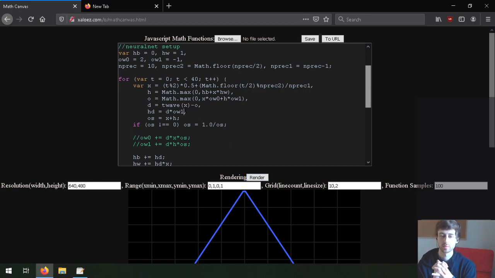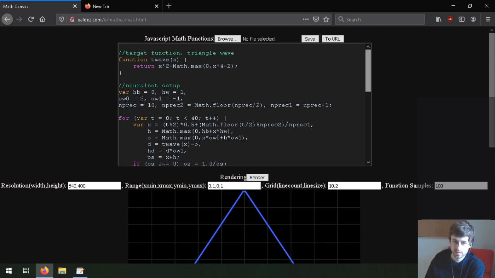I could try normalizing this derivative, like I said. Because these values are constant, I think that would just be a constant, divided by that.